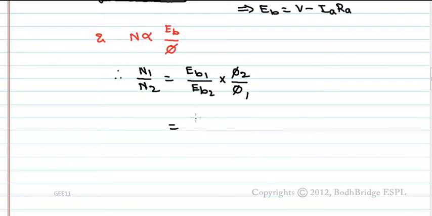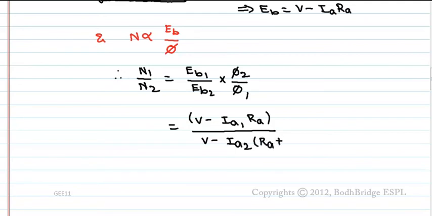This equals V minus IA1 RA divided by V minus IA2 into RA plus R, where the resistance R should be added to maintain torque and speed constant, into phi2, that is IF2 by IF1, since phi is directly proportional to IF.